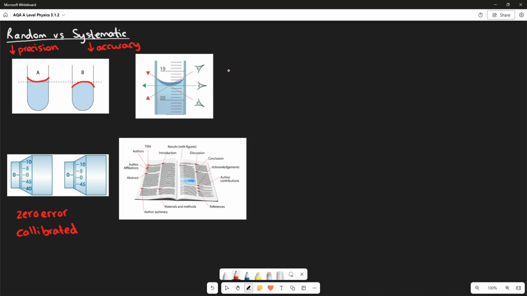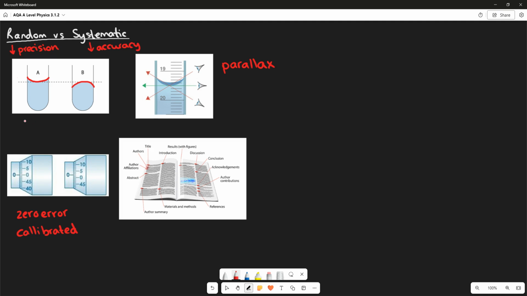Another potentially poor experimental technique would be the parallax error. And that is where you are looking at something from the wrong angle to get the correct reading. When you are taking a measurement where you are comparing the level of one item against a scale, you need to make sure that your eye line is level with both of those things.